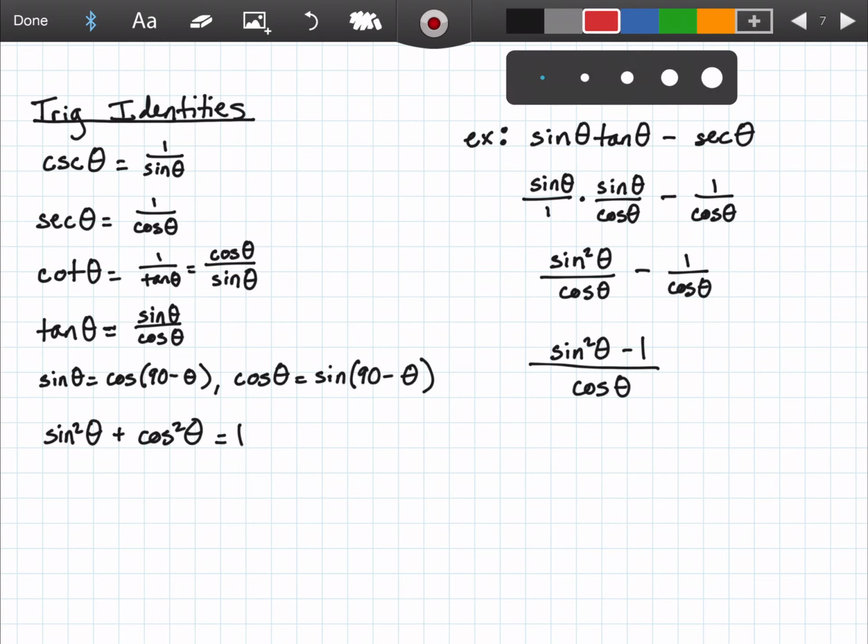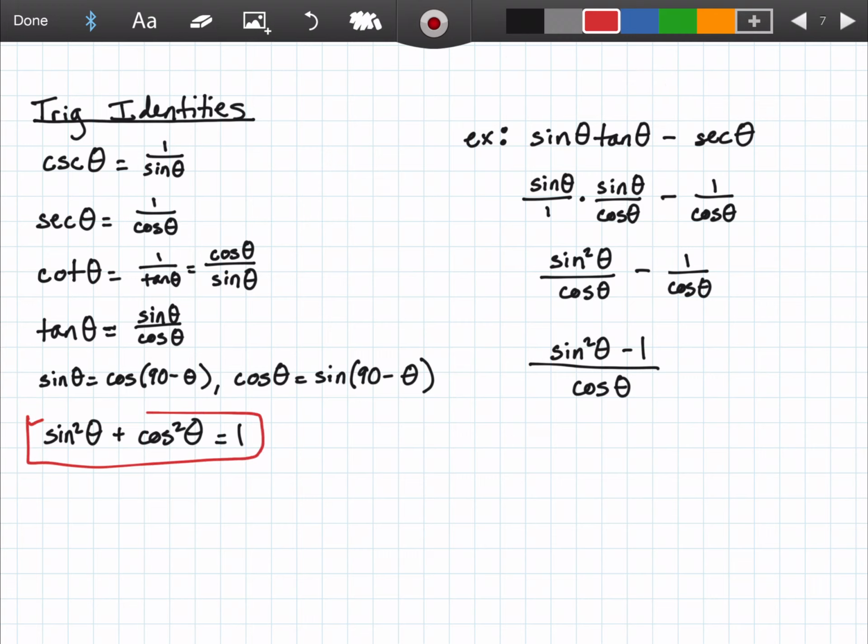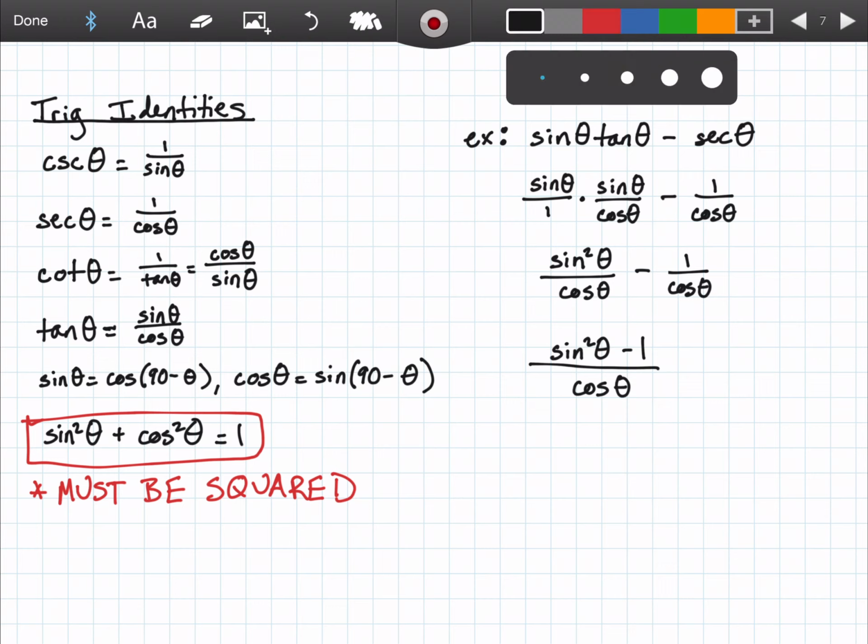And that's something a lot of you missed on the test. Sine squared and cosine have to be squared. Like, they have to be squared, otherwise it doesn't work. And so I'm just going to manipulate that equation until I get sine squared minus 1.